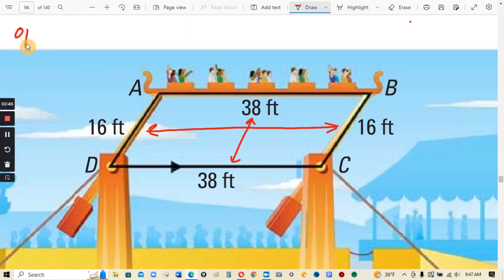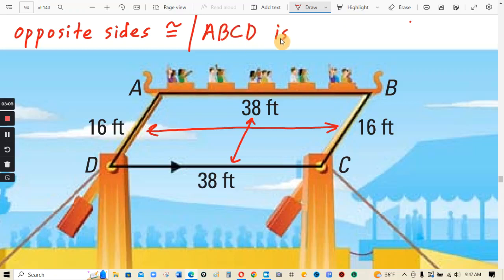So what we have here is opposite sides congruent. Both pairs of opposite sides are congruent, and that proves that ABCD is a parallelogram.